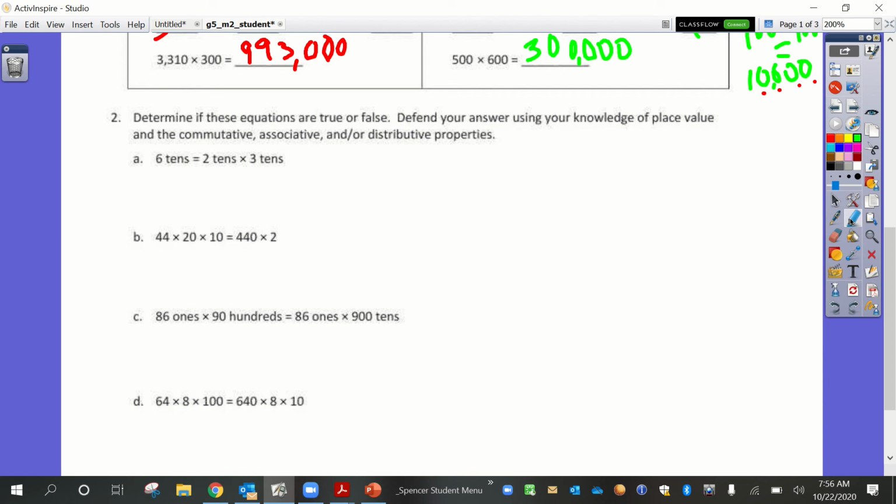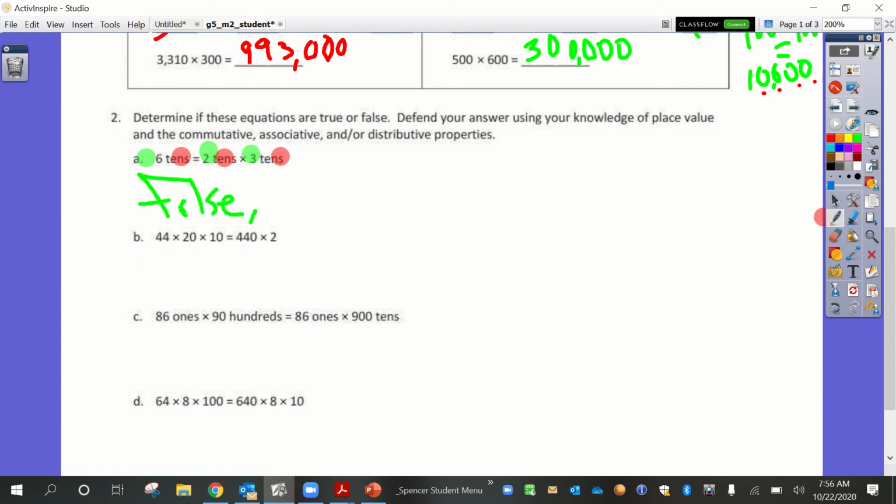So let's do 6 tens equals 2 tens times 3 tens. Well, we know 2 times 3 is 6, so that part's true. Now let's check the units. Tens times tens is tens? No, 10 times 10 gives us hundreds, so this is false, right?